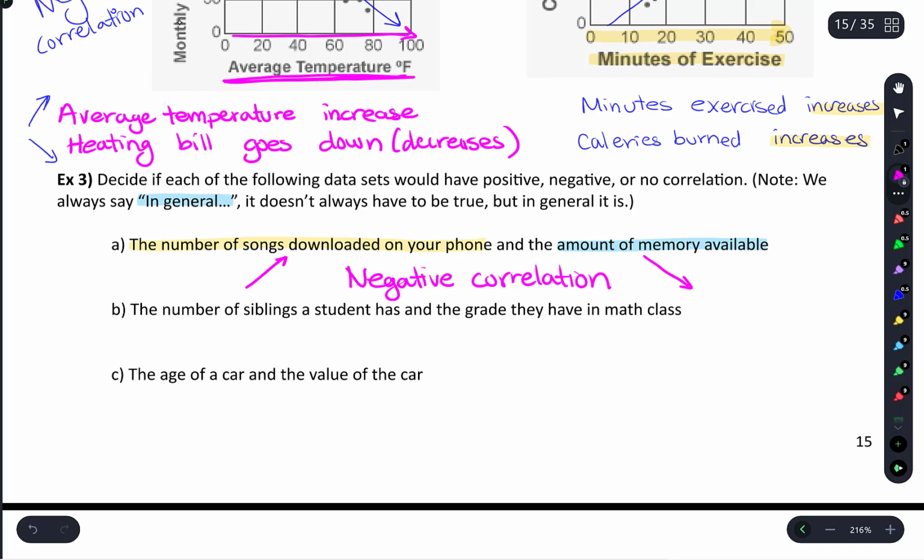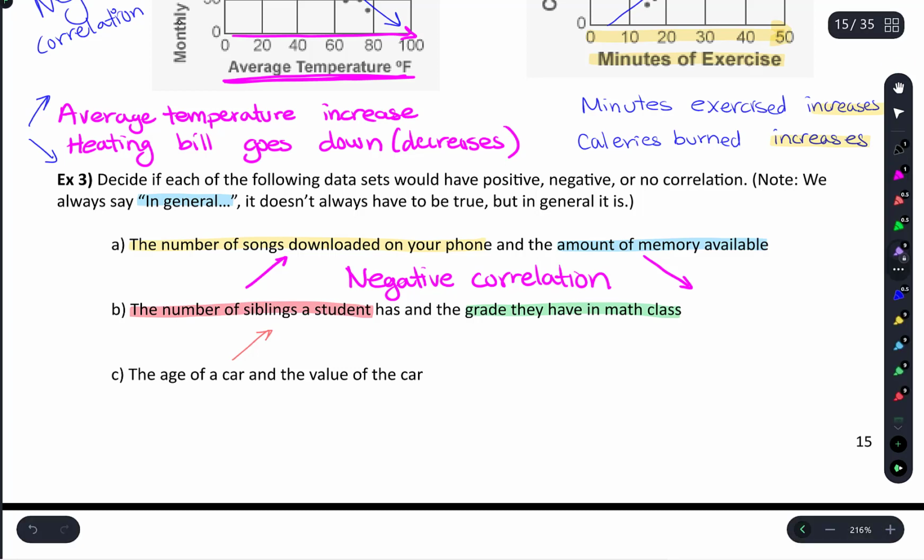Now let's try another one here. The number of siblings a student has and the grade that they have in math class. So if the number of siblings that you have increases, what happens to your grade in math class? Does it go up or does it go down? I don't think it changes.